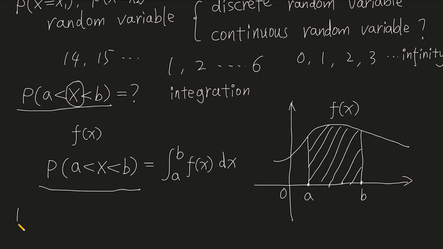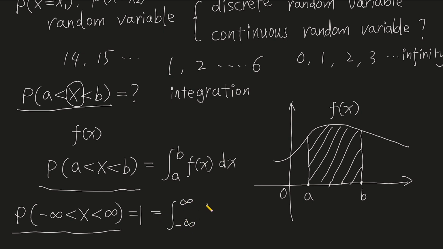So we have the probability that the continuous random variable is more than negative infinity and less than infinity equals 1. And this also equals the integration from negative infinity to infinity of fx dx.